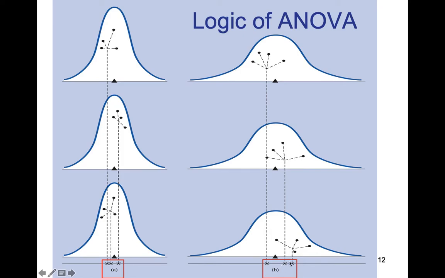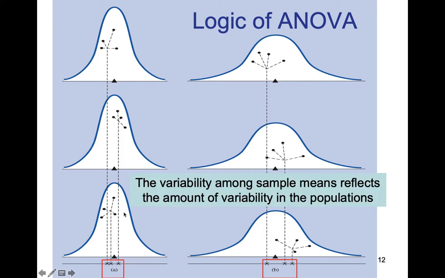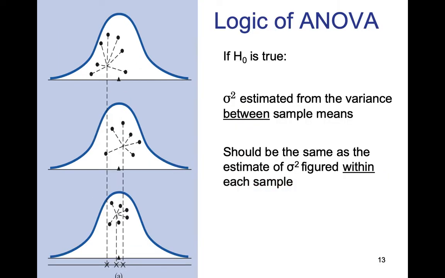If we calculate that there's more variability among these sample means and less variability among these sample means, that would suggest more variability in this population, less variability in this population. So there we have it. The variability among sample means reflects the amount of variability in the populations.